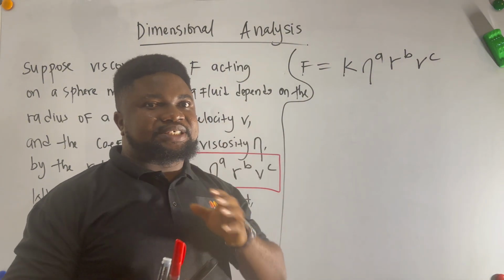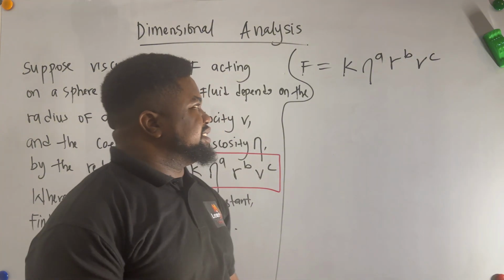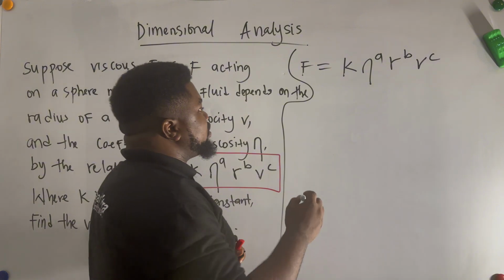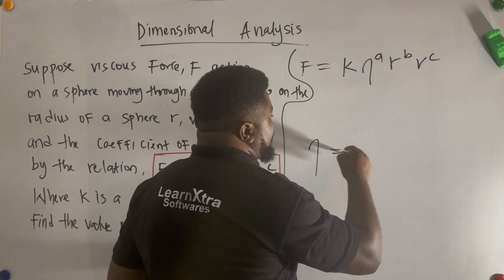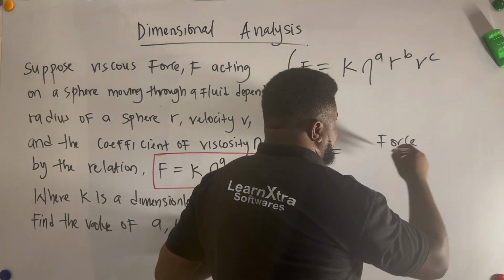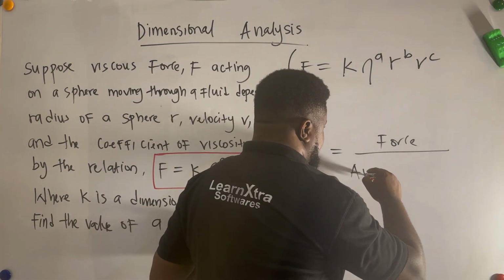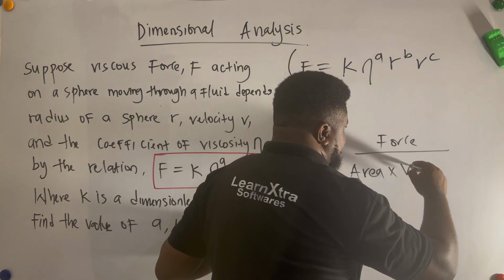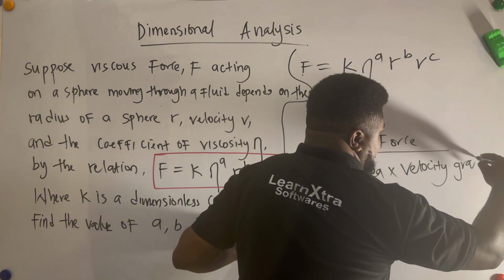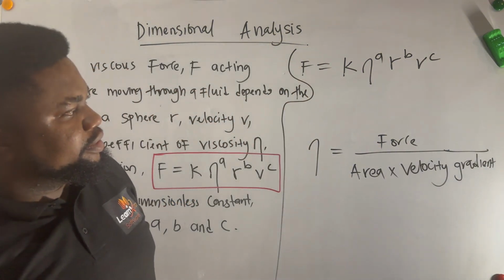But you have an issue with viscosity. Yes. So first, let me just show you how to get the dimension for viscosity. I think I did not discuss that one earlier with you. Let me still show you. So viscosity is equal to force, the formula is force over area times velocity gradient. Yes, that's the formula.